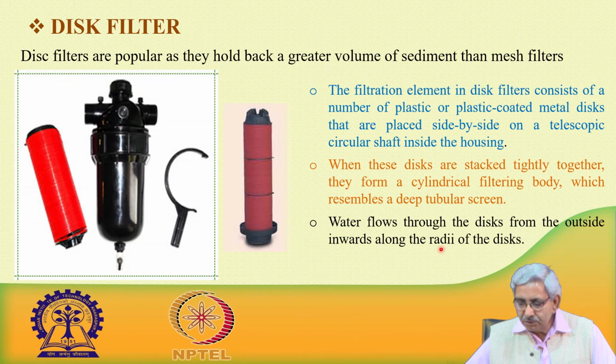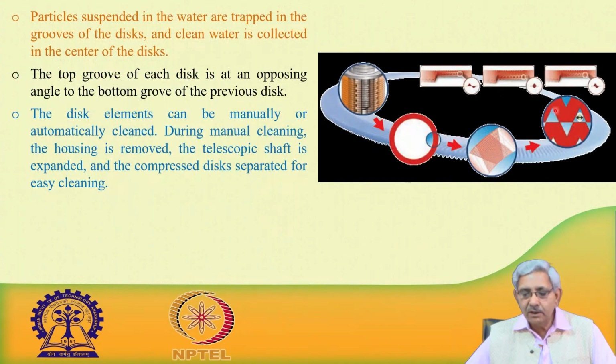Water flows through the discs from outside inward along the radii of the discs. You can see here in the diagram how these discs are stacked, and particular grooves are provided.